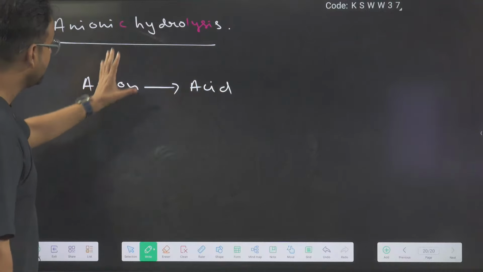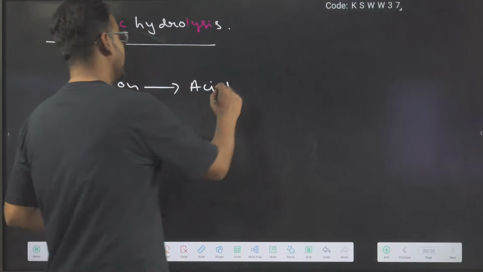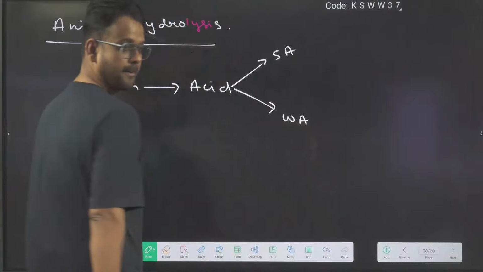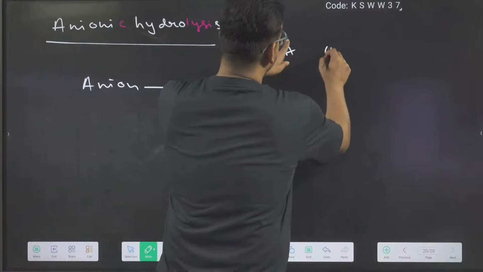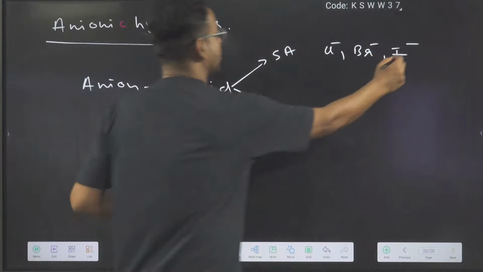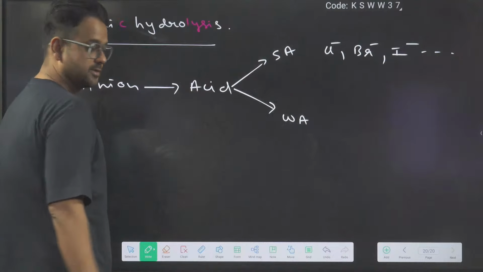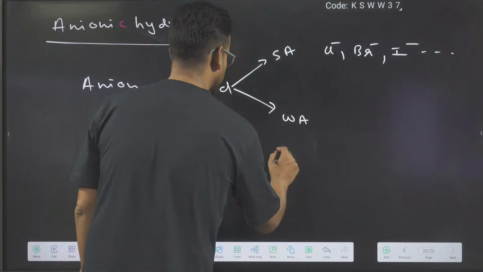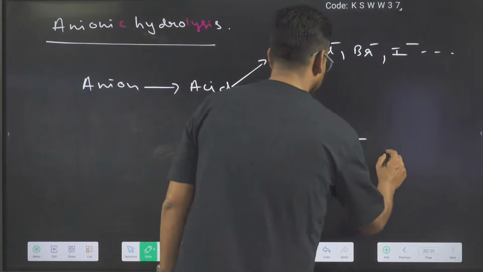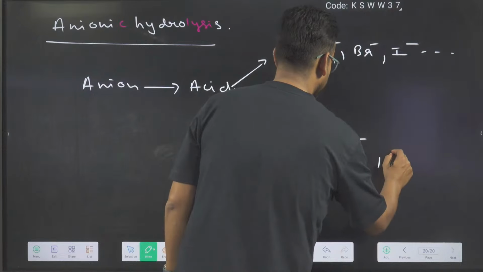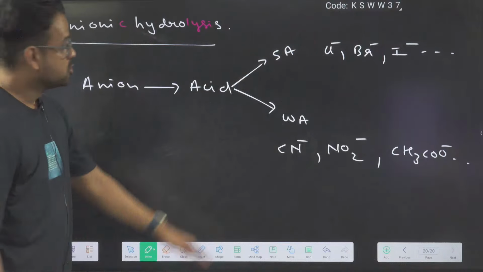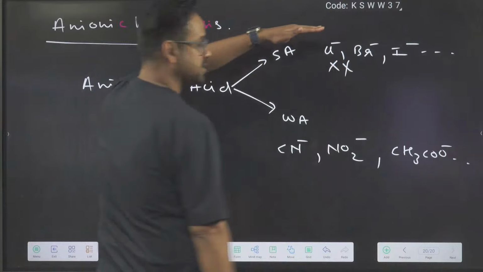So the anion comes from the acid, and once again, the acid could be strong or weak. Anions of strong acids are Cl minus, Br minus, I minus, etc. Anions of weak acids would be CN minus, NO2 minus, and then maybe acetate, etc.